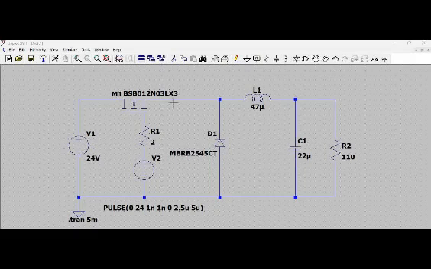So in the interest of time, we have just built it beforehand. Now we are providing an input voltage of 24 volts, and as explained in the tutorial before, this is a MOSFET. We have an n channel MOSFET, and then we have a pulse that is being applied. So you can see here the pulse characteristics.